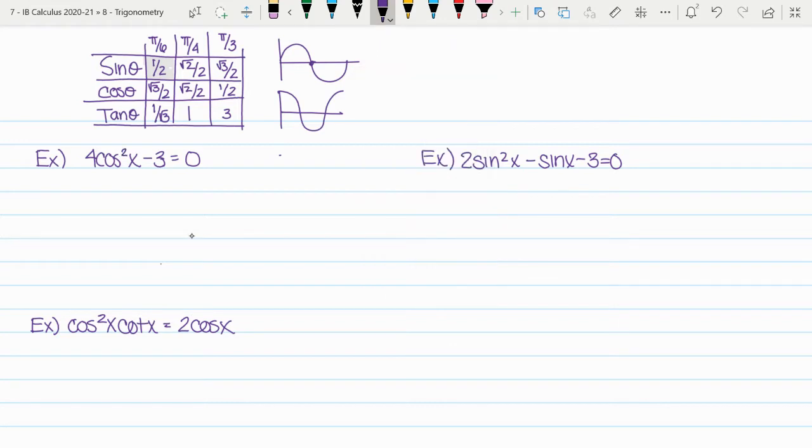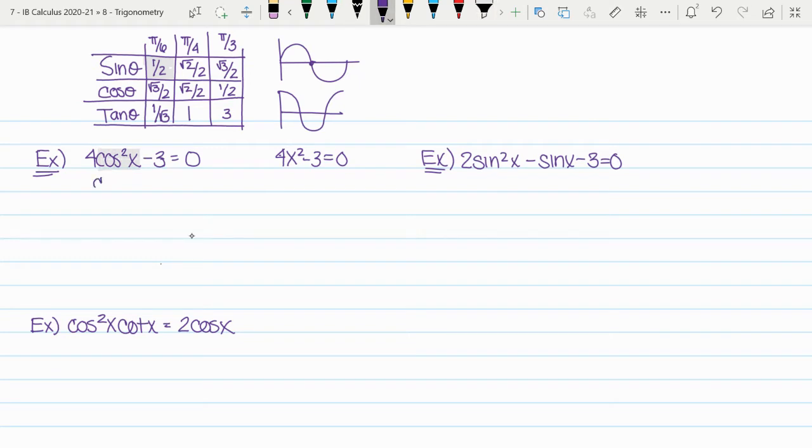All right, what I want you to think about when you're solving these, especially these first two examples, is to solve them the way you would if you just had x's with no trig function. My goal would be to get x alone. Here, my goal is to get this entire trig function alone.